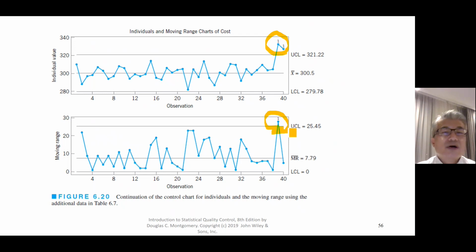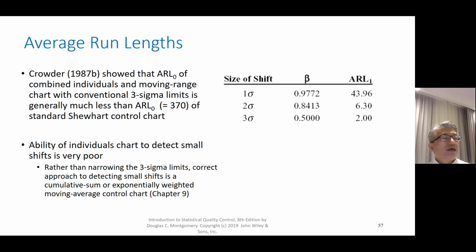The average run length, which I mentioned last week when I was in Taipei. There's ARL0, ARL known, and ARL1. The known means it's in control.